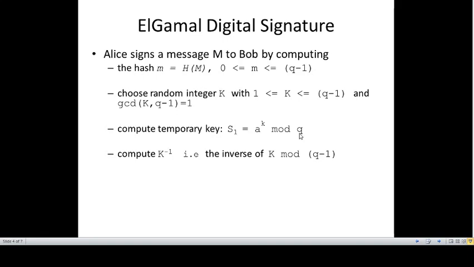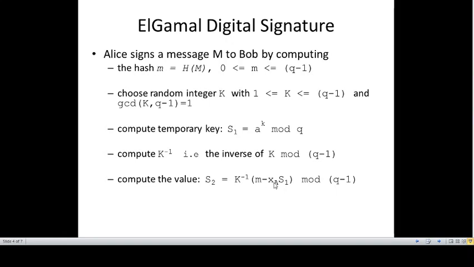After S1, you need to calculate the inverse of K. K inverse you need to find out, that is K inverse mod Q minus 1. So K is a random integer and Q is the prime number that you selected at the starting. And then you have to generate the second piece of signature, S2, which is generated by using the sender's private key XA.